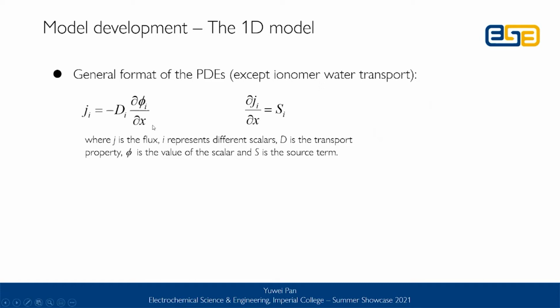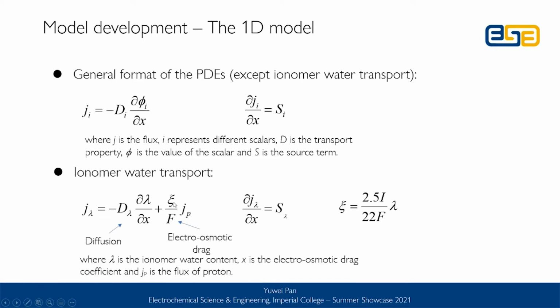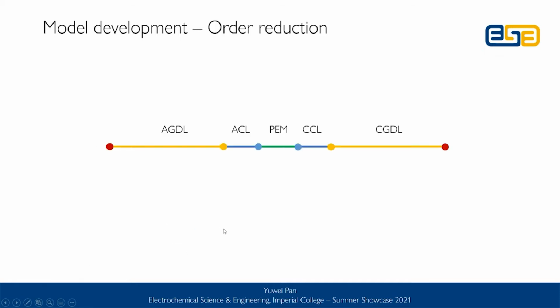Most of these partial differential equations share the same general format except the ionomer water transport, which has an extra term accounting for the electro-osmotic drag. In this study, the 8 partial differential equations are reduced to 6 computational nodes that are located at the boundary of each cell component.